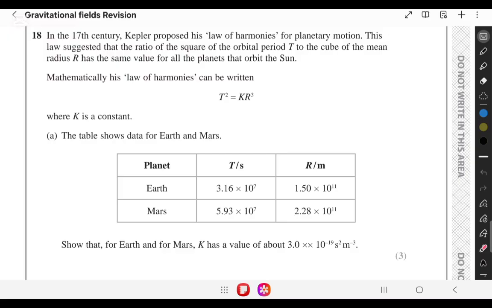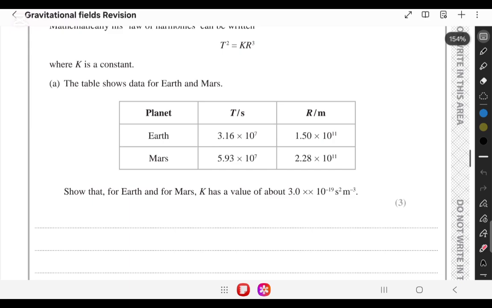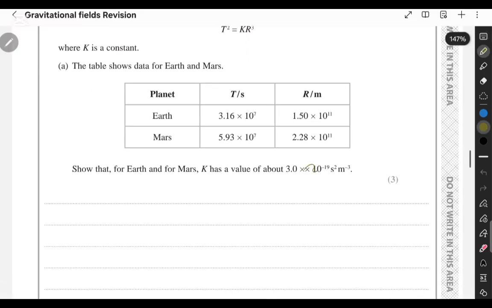And we've actually proved this before as well. Then it says the table shows data for Earth and Mars. Show that for Earth and for Mars, k has a value of 3 times 10 to the power of minus 19 per second squared per meter cubed.